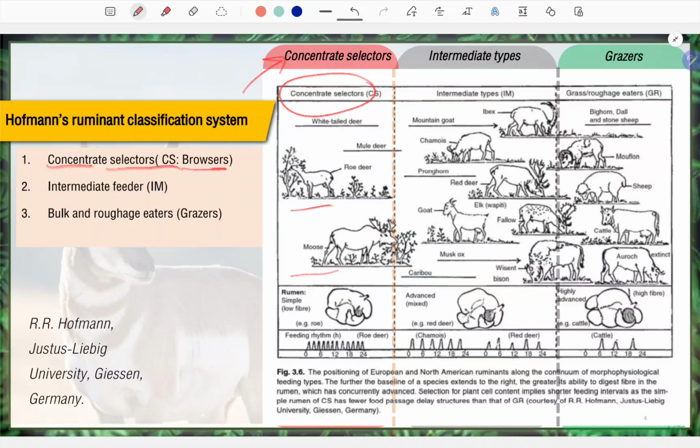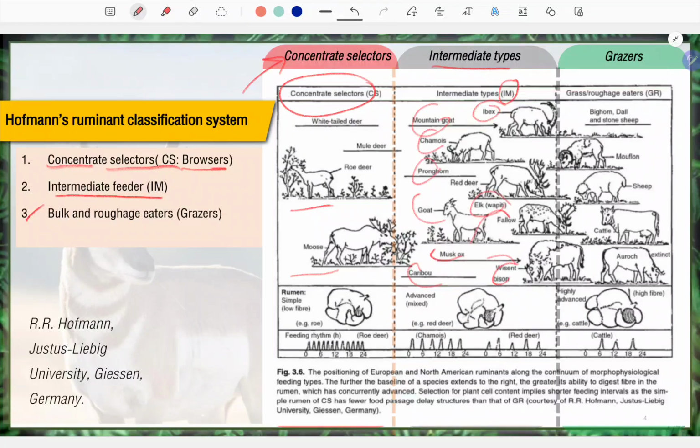The second one is the intermediate feeder, the intermediate type. That means they can eat concentrate and roughage in about equal amounts. These are the animals belonging to this category.